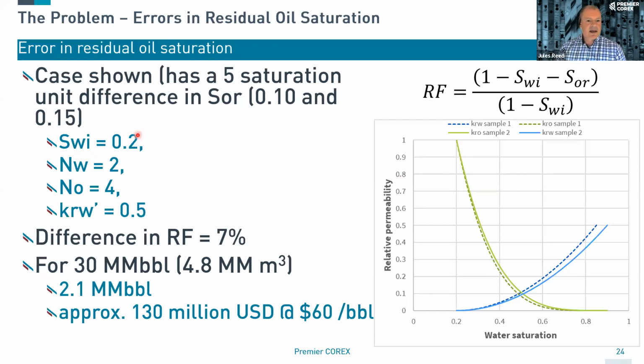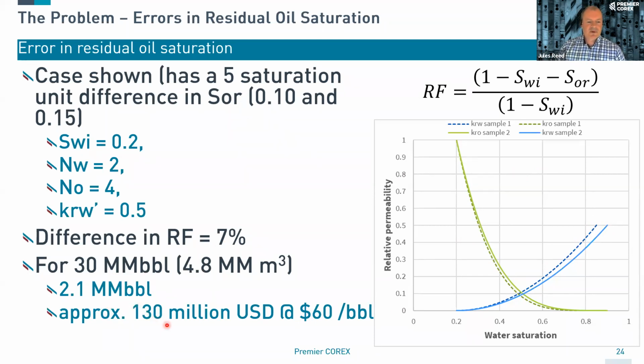So in some other cases, this is where we've got basically the same Corey function, just a difference in the residual oil of 5 saturation units. That results in about a 7% recovery factor difference. And for 30 million barrels of reservoir, that's about 2.1 million barrels uncertainty.